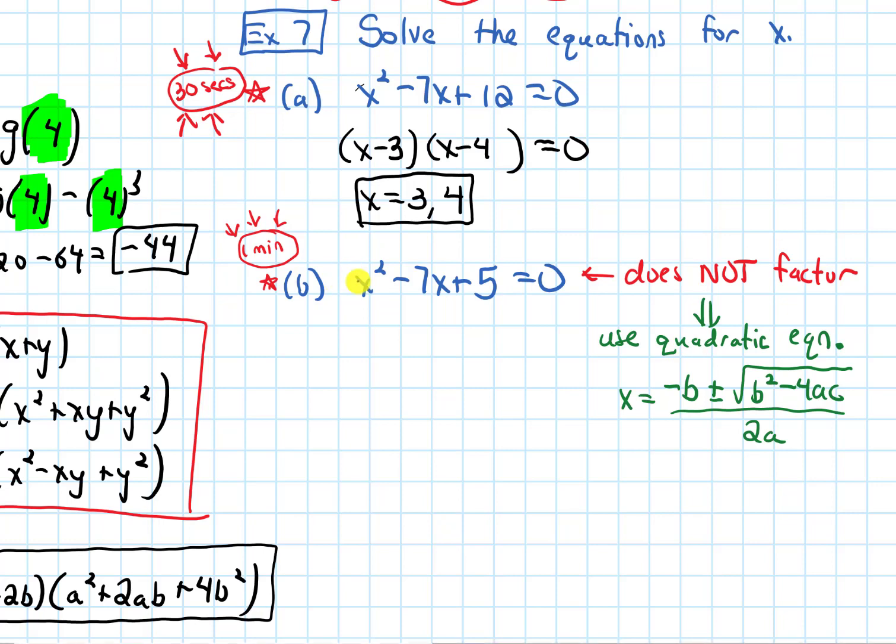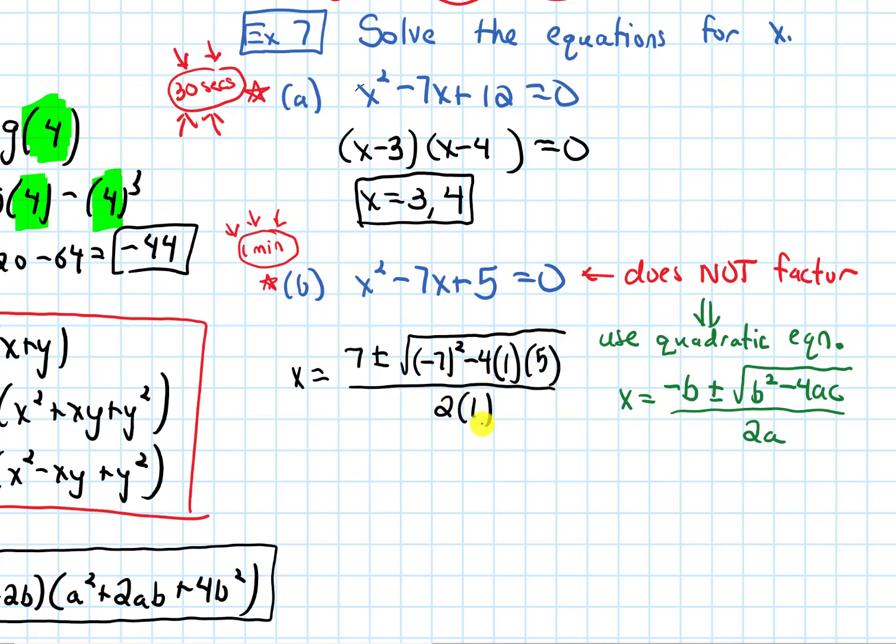If I use that on our equation, we get x equals negative b, which is negative 7, so positive 7, plus or minus the square root of b squared, which is negative 7 squared, minus 4 times a, which is 1, times c, which is 5, all over 2a, so all over 2 times 1.